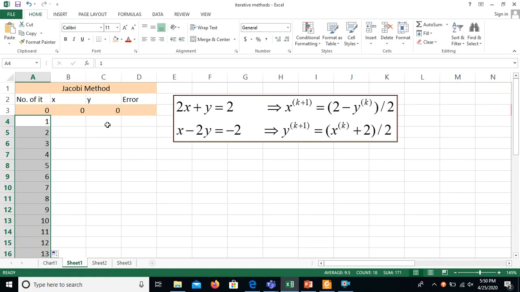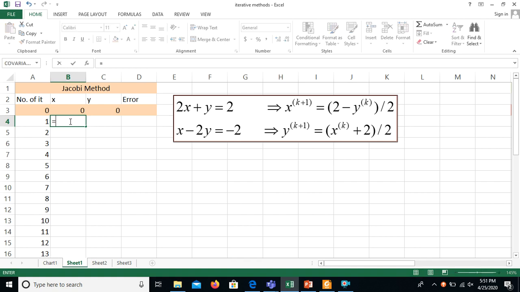So how do we perform the first calculation? In the Jacobi method, the x value is calculated from the previous value of y. Of course, this is a two variable problem. So from the first equation, I have already eliminated x.